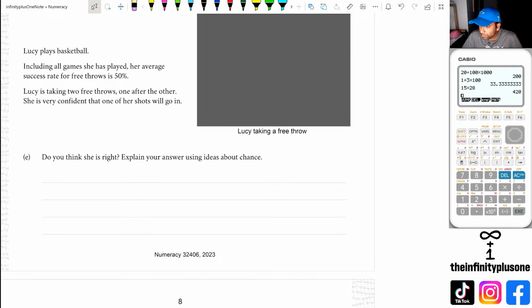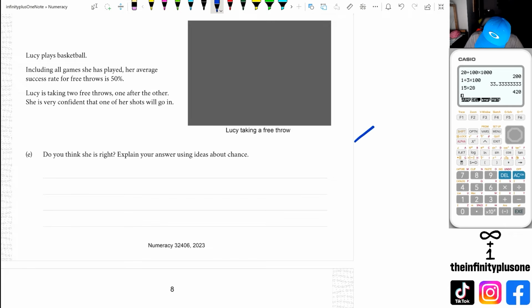Okay, so one thing that I would recommend is, if you just think about a very basic probability tree, you can look at that. So if you look at it like this, she takes her first shot and there's a 50% chance that she's going to make it.